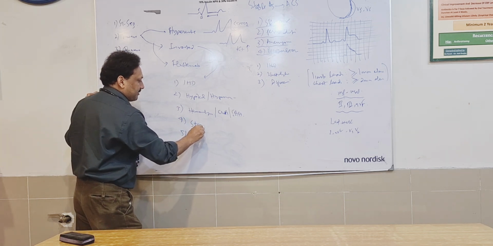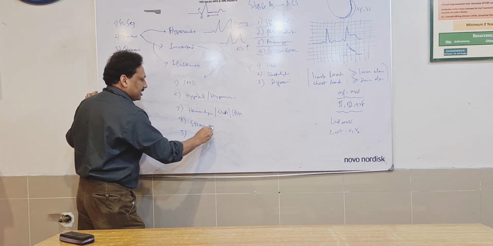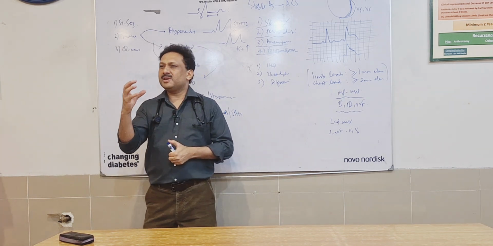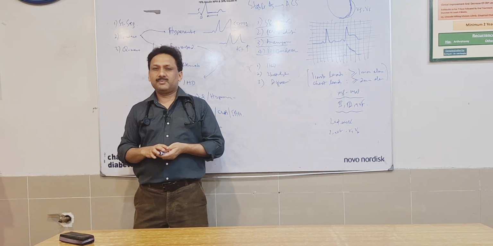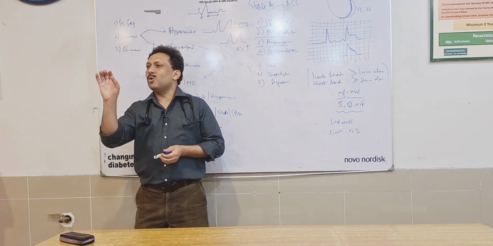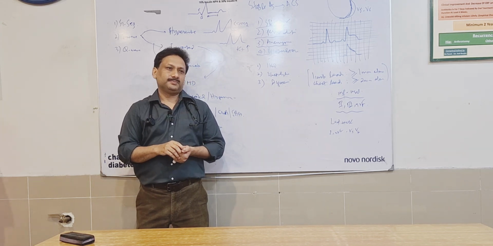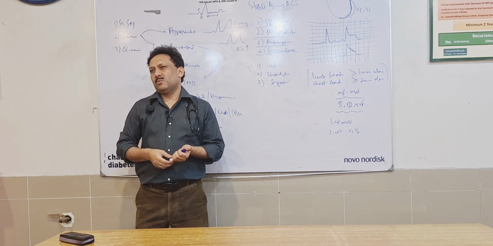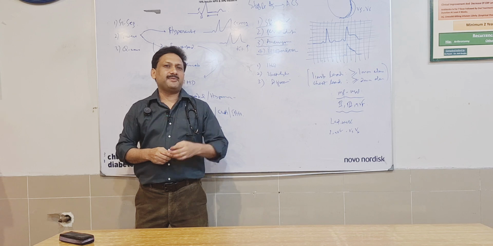Understand what strain pattern is. Strain pattern is if there is increased pressure in the wall of the heart. Say a person is having pressure overload state in the left chambers of the heart. What are the 3 pressure overload states in the left ventricle?